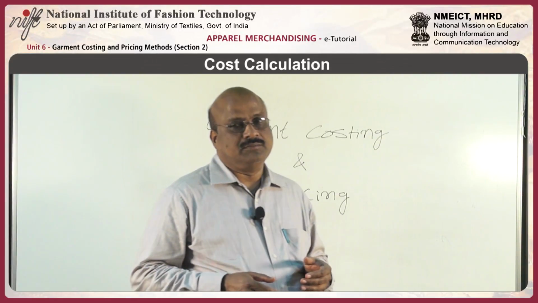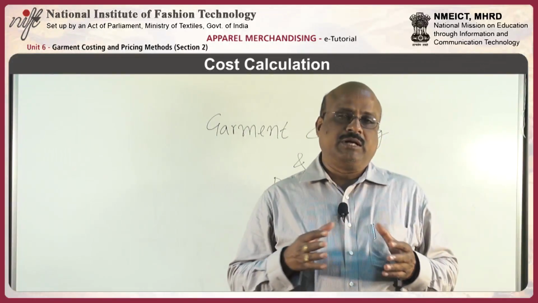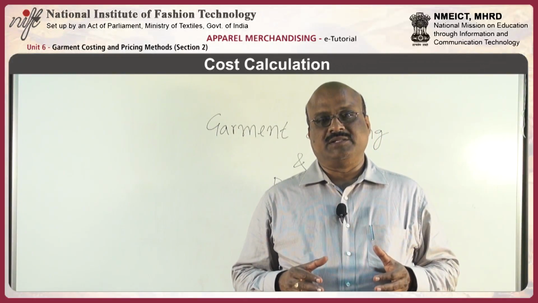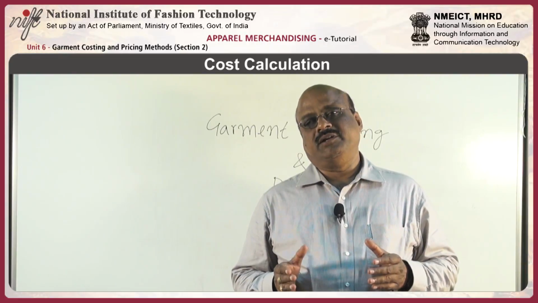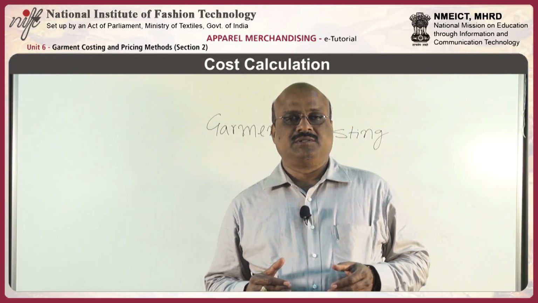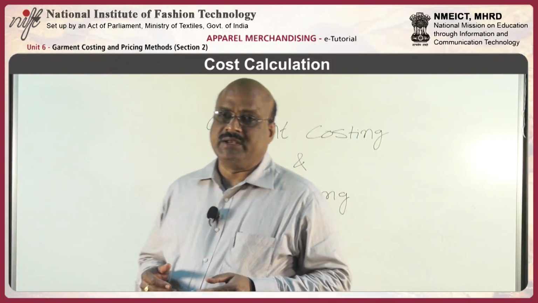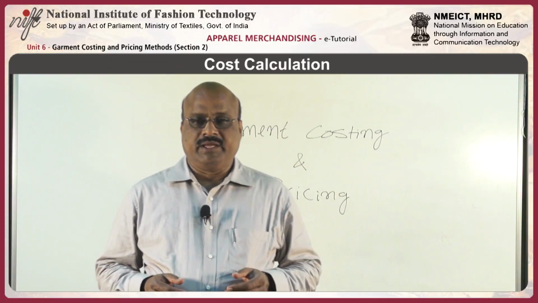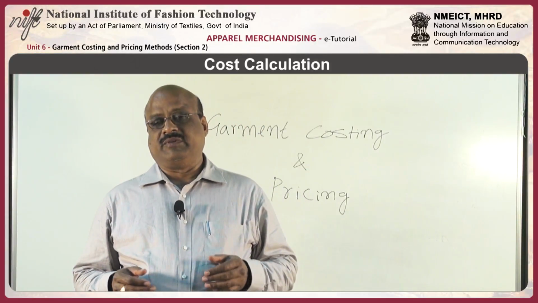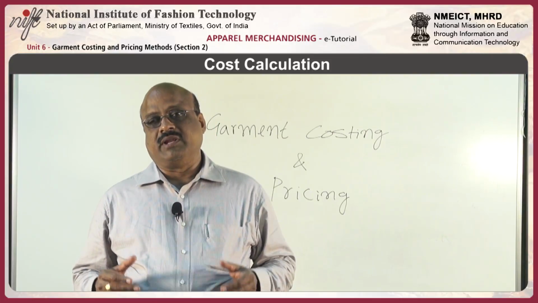Cost calculation. The marker efficiency is considered 80 to 85% depending upon the fabric type. That means marker efficiency is generally considered from 80 to 85%, again depending on the type of the fabric, whether it is a solid dyed fabric, a stripe or a check.